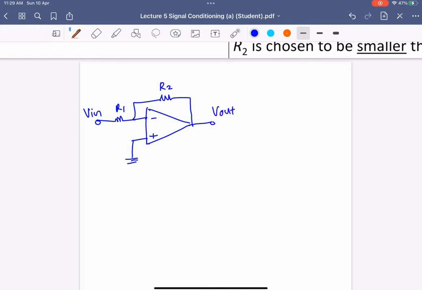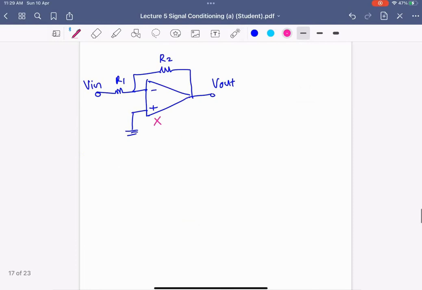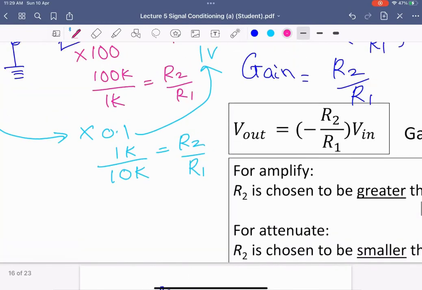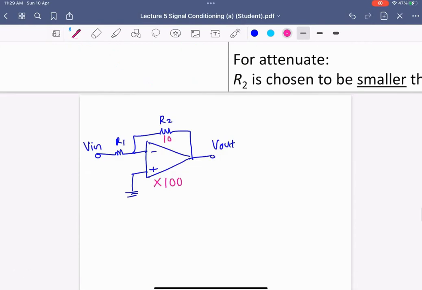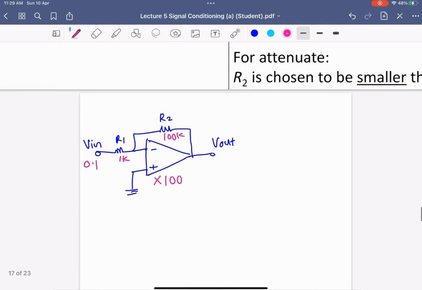Because we set the gain to 100, you just need 100 kilo ohm for R2 and 1 kilo ohm for R1. So if your input right now is 0.1, you will get minus 10. How to get plus 10?